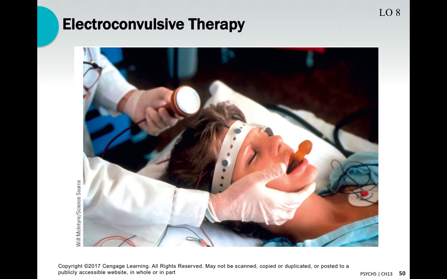Now notice this is a pretty safe administration of electroconvulsive therapy. We have one conductor here that's going to be applied to a single temple. The person is sedated. They have something in their mouth to bite down on. This was not the case historically.